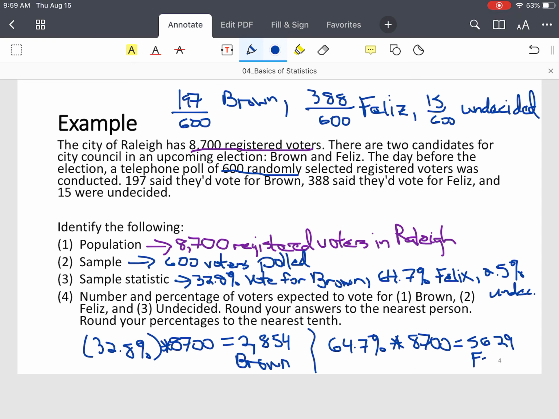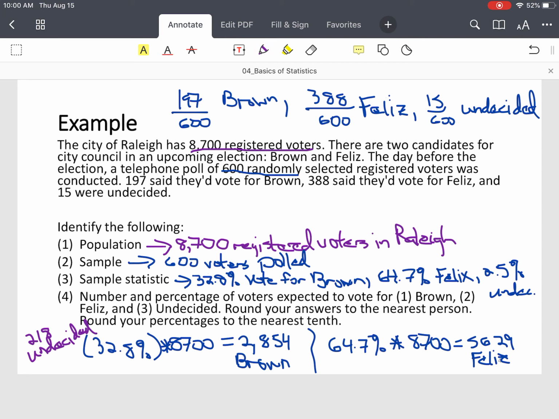I'm going to say that's how many voters will vote for Feliz. And then our undecided, we had 2.5% times 8,700, so 218 is undecided. All right, and that's how we apply a sample statistic to the population and make an estimate.